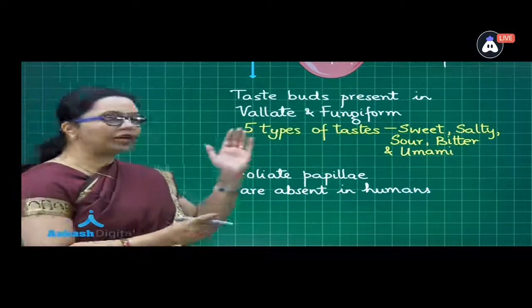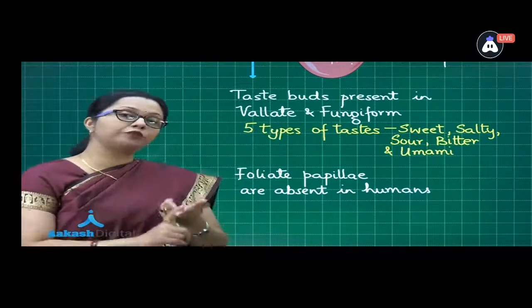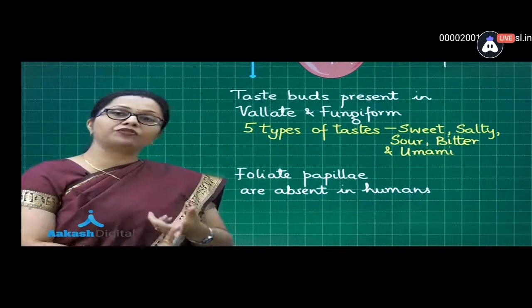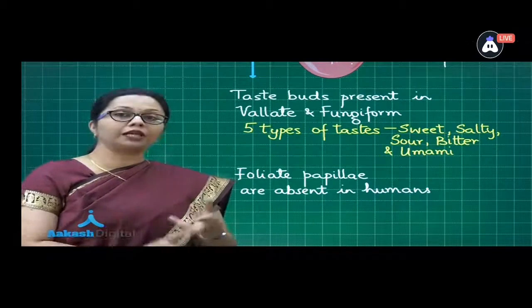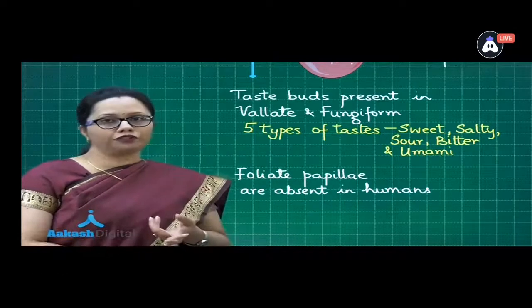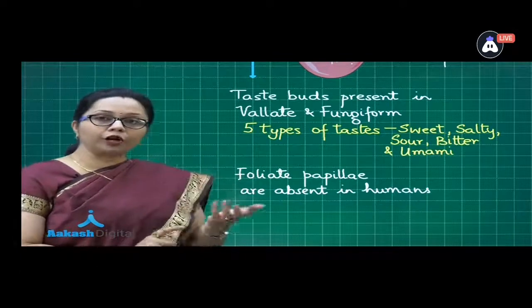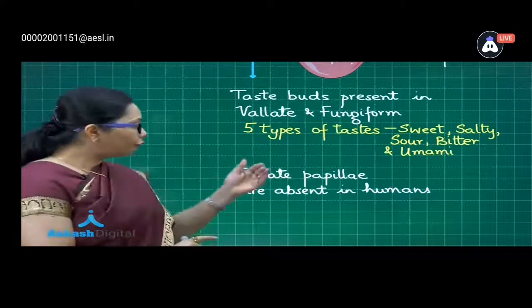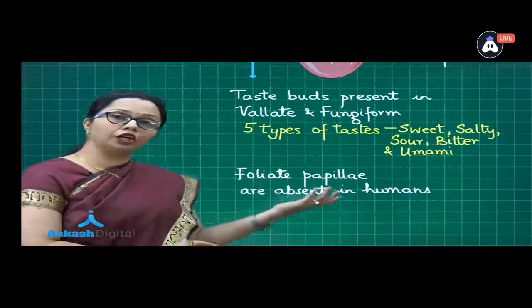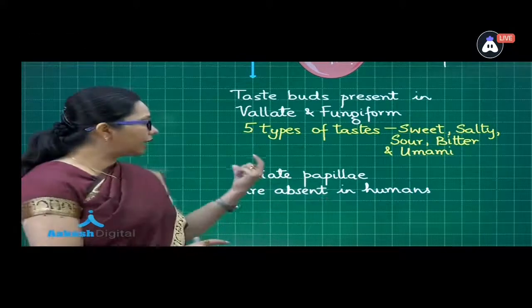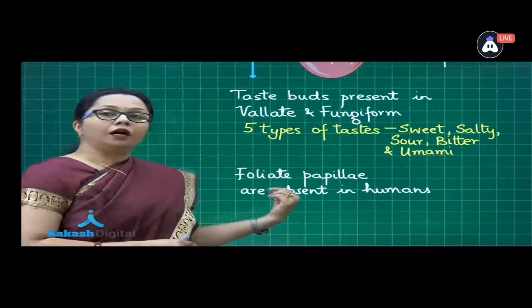So the point that we need to remember is that taste buds in our case are present only in 2 types of papillae, circumvallate and fungiform, although we have 3 types of papillae, the third one being filiform. And the fourth one, which is present in other animals but not in humans, is foliate.